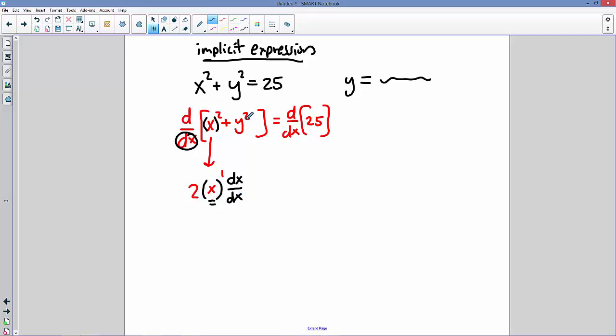Now let's go to this next term here, right? So we'll put a parentheses around here. Okay, so take the derivative of this with respect to x. So it's also 2 something, right? In this case, it's 2y to the first power, and then times the derivative of the inside.